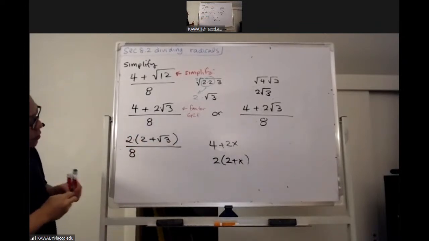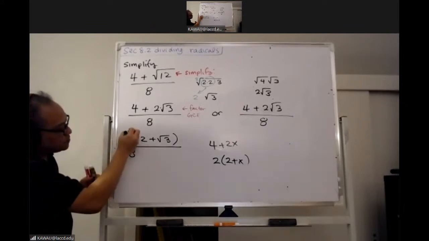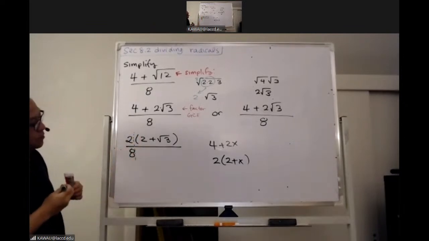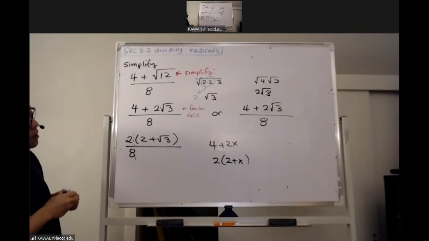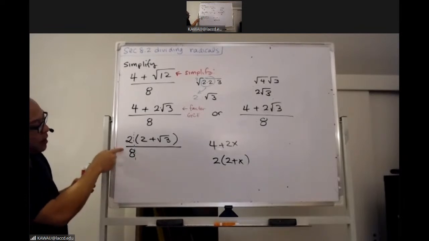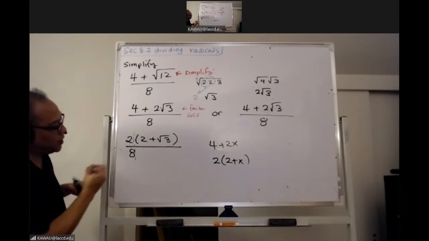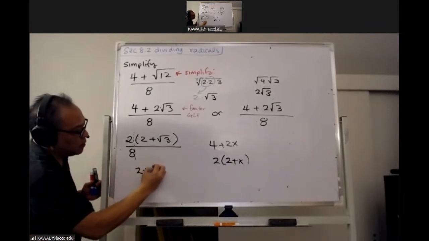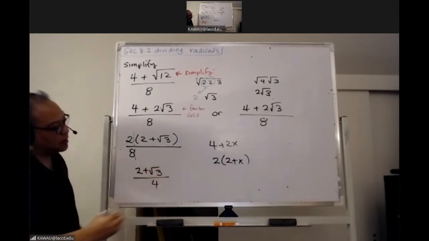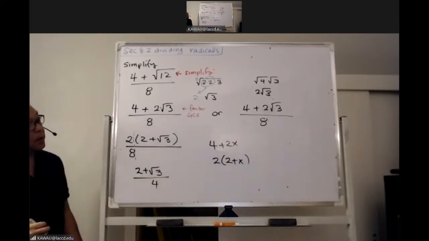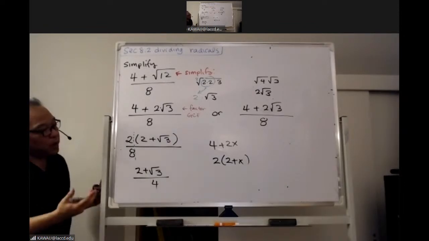And then what we do is we simplify this. 8 divided by 2 is 4, so we end up with 2 plus square root of 3 over 4, like that. Now that's one way to attack it.